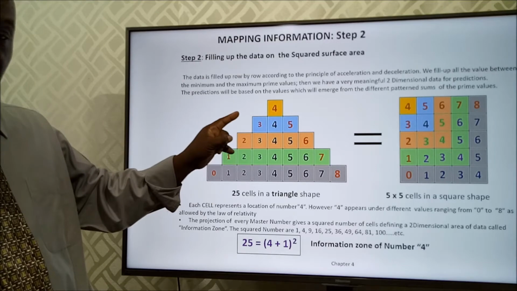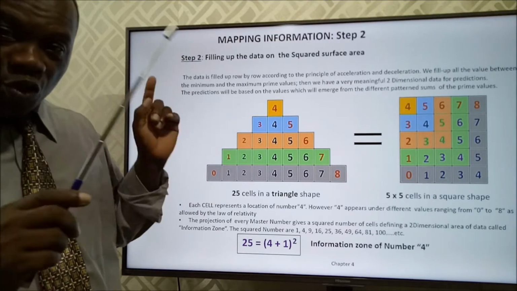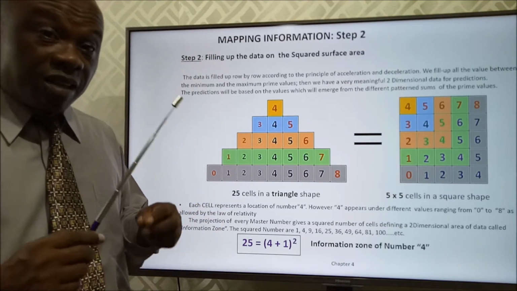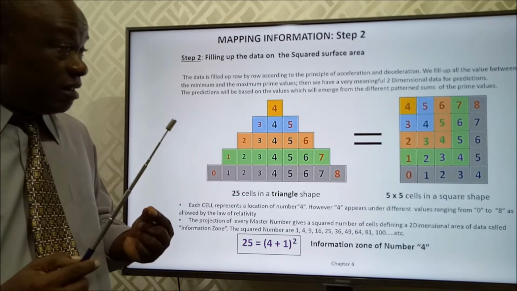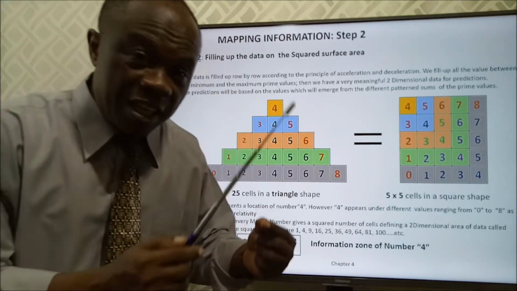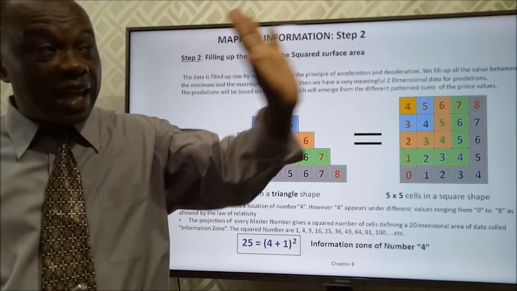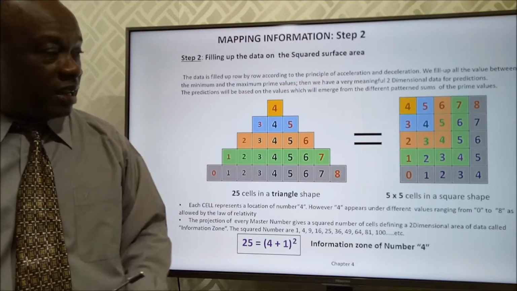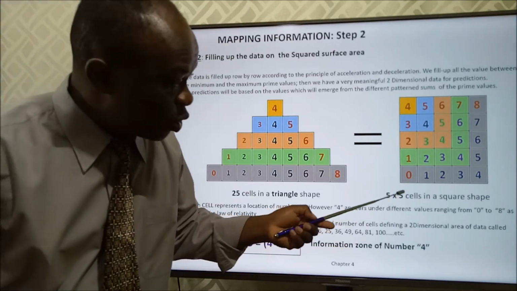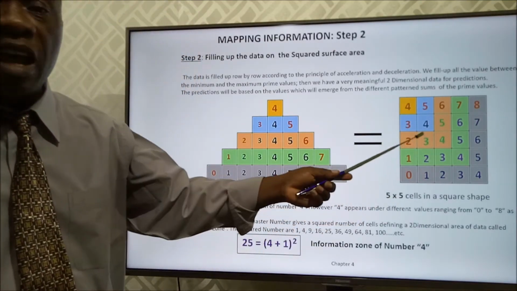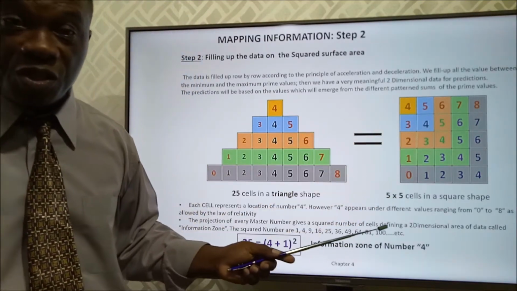Number 4, projected in 2 dimensions, tells us that when you project the number, then what will appear there on the other side is 25. We will have 25 locations.